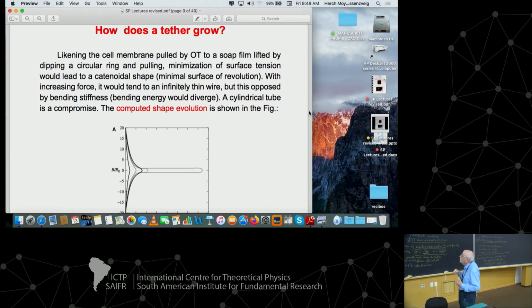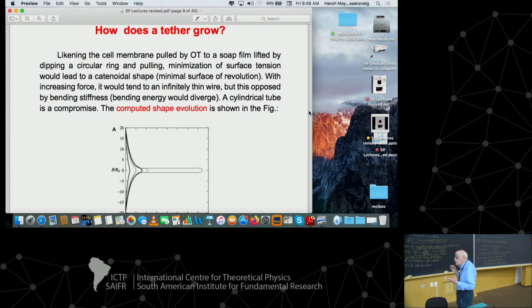However, that's impossible because, remember that the radius appears in the denominator in the other term, so that would give an infinite contribution. So the shape evolution finally, as a cylinder, is a compromise between these two, between surface tension and bending radius.